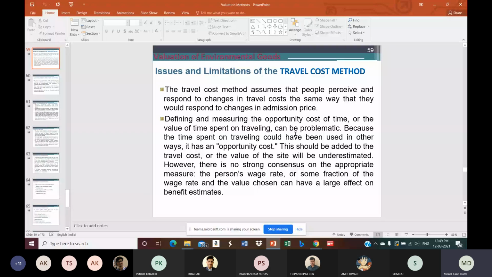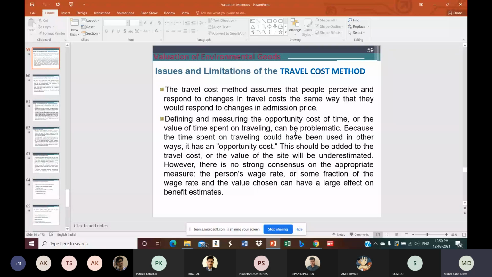So in that sense, the people will be spending money on different activities, and these monetary values, or the expenses, will represent to some extent their willingness to pay for different qualities of environmental resources or goods. That is fine. But at the same time, there are certain issues which are to be looked into.